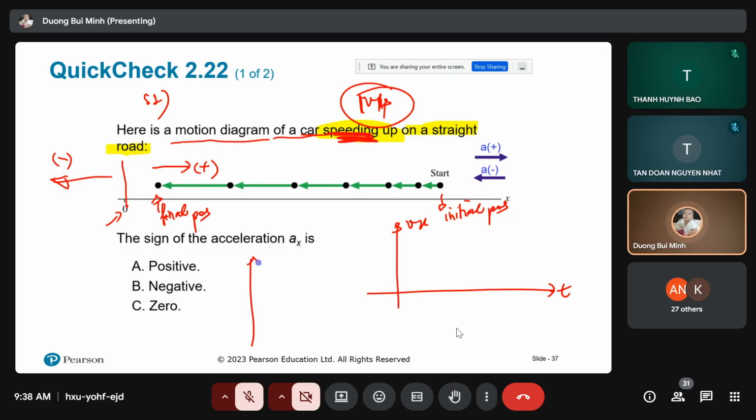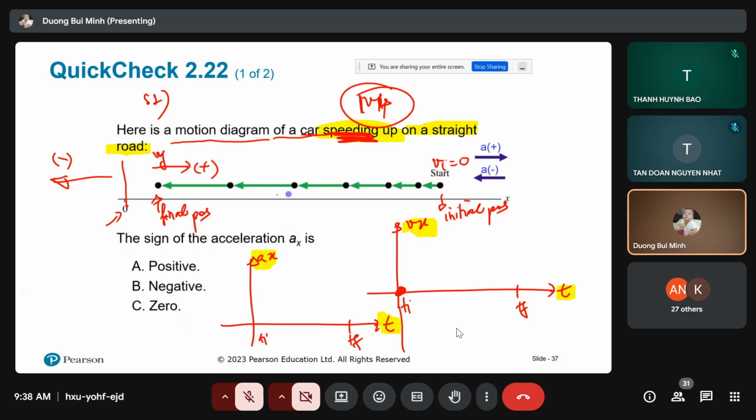We also have Ax and time. This is Ti, this is Tf, this is Ti, this is Tf. This is time versus Ax, time versus Vx. At the beginning, of course, Vi is 0. After some time, velocity increases, so here is Vf.